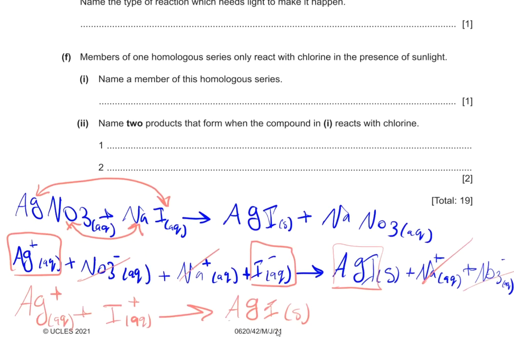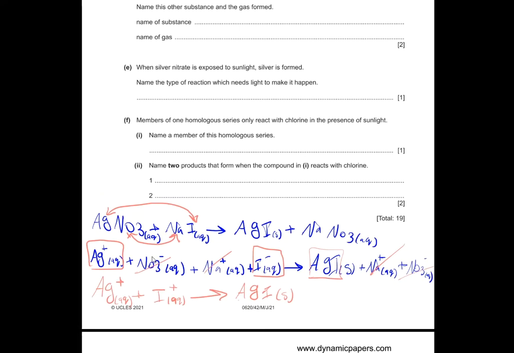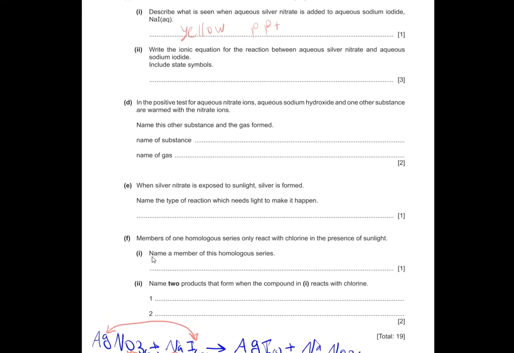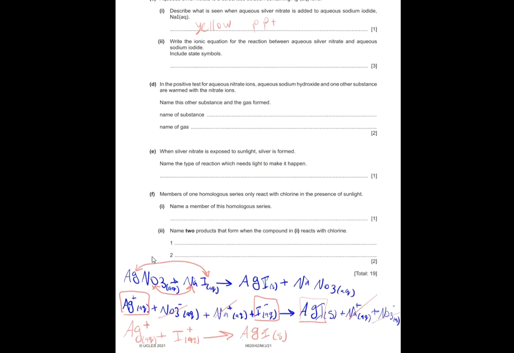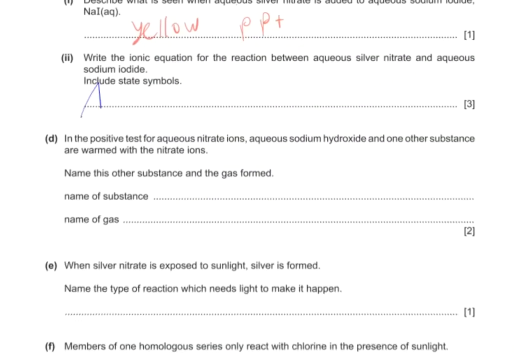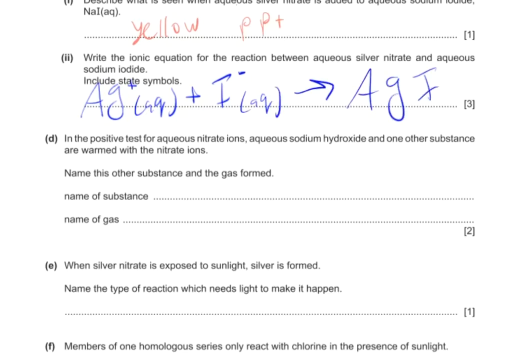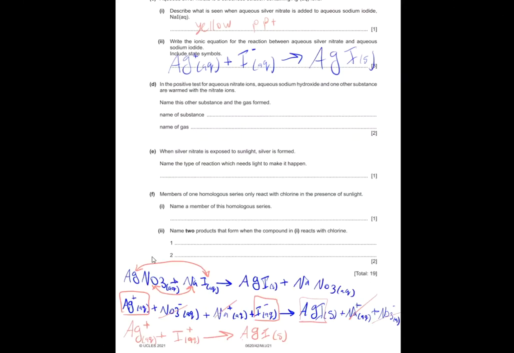So let's write this down in the space. It's silver in the aqueous state plus iodide in the aqueous state, which gives us silver iodide in the solid state.